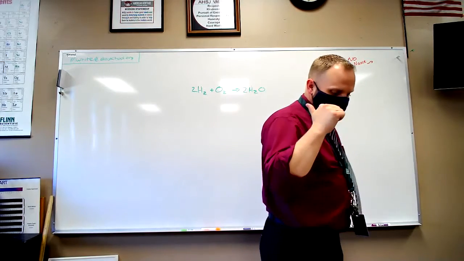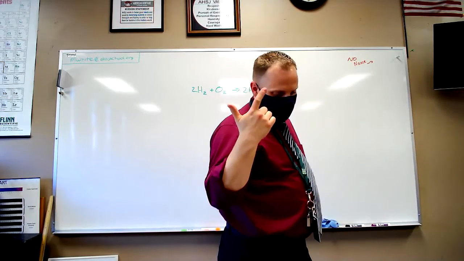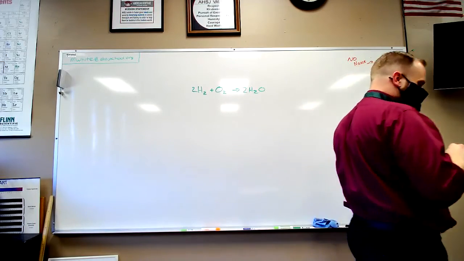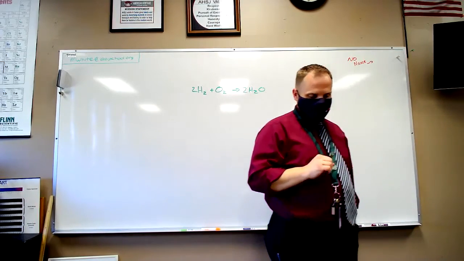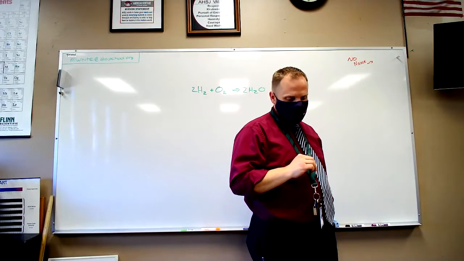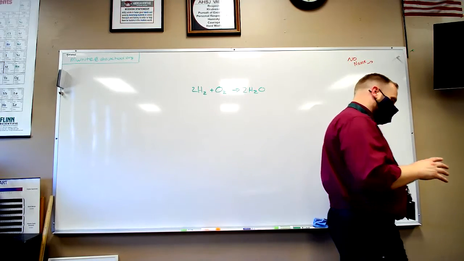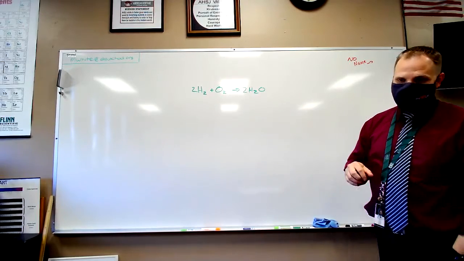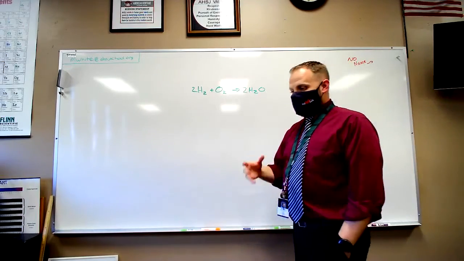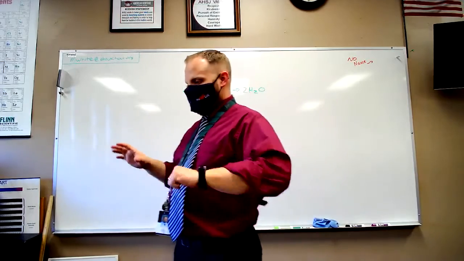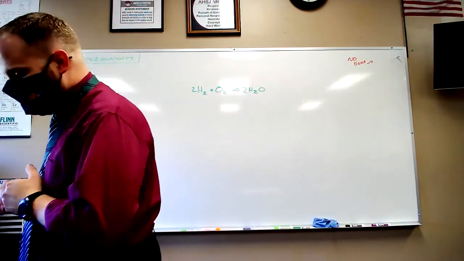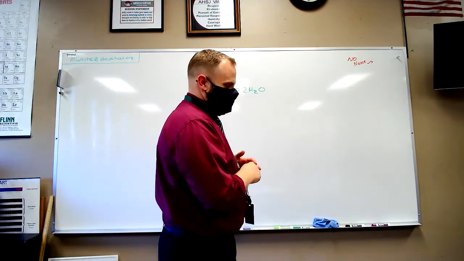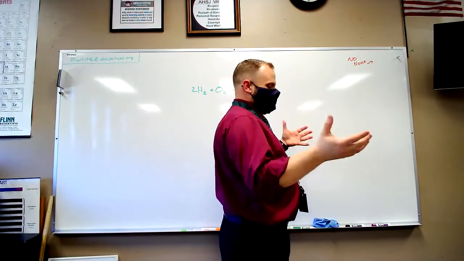Common ones would be magnesium, aluminum, and titanium. So we just stick them right to the hull of the ship that's in contact with the water. Those metals are more likely to oxidize than the iron. And so just by putting those blocks of metals in contact with the iron, they oxidize instead of the iron.